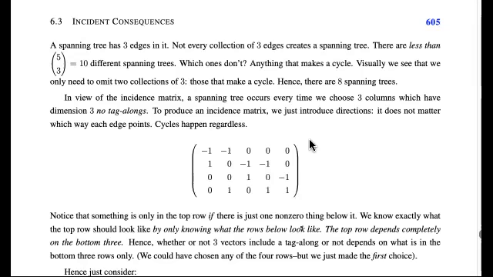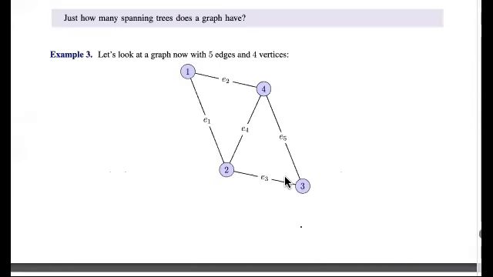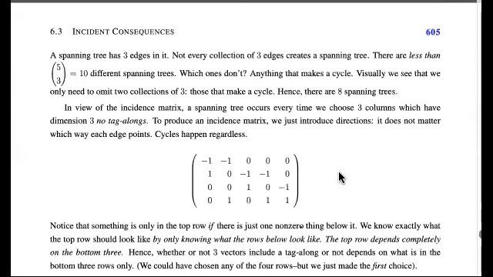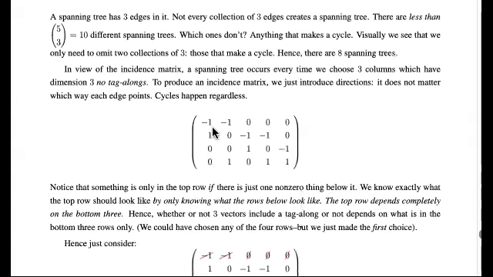You can convince yourself of that idea, but even just looking here, every time you have 3 edges together in some way that don't have any loops, you'll have a spanning tree. So we want to look for all the different 3 by 3 submatrices in here that have dimension 3.